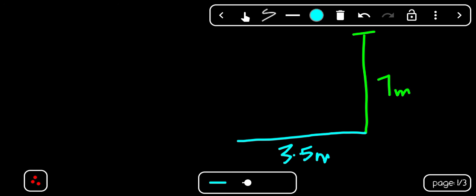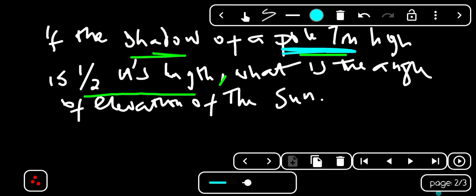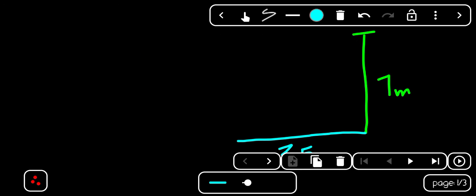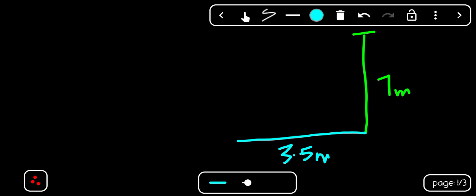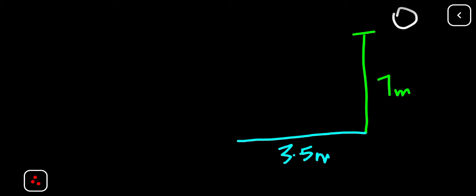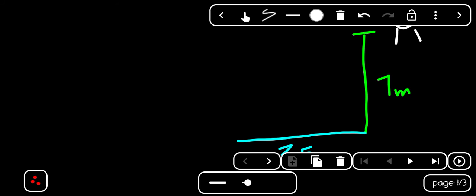So the shadow is 3.5 meters. Now, what is the question? They have just given us the information. Now, the question is, what is the angle of elevation of the sun? Now, basically, for you to get a shadow, you should have a sun. So the sun could possibly be here. Let's say the sun is here. So that means from the shadow to the sun, that's the question.